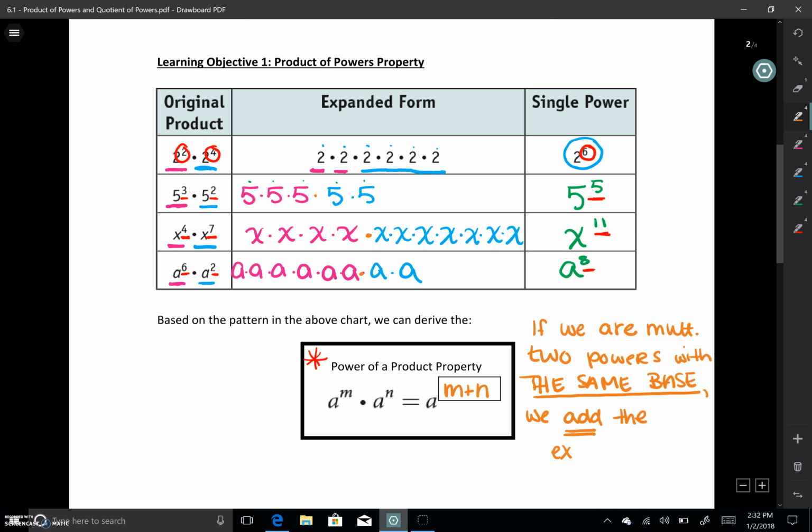And notice that in all of the examples, my base here is 2, my base here is 5, my base here is x, my base here is a. All of my bases are the same, so when I'm multiplying two powers with the same base, I go ahead and I add my exponents together. And that is the product of powers property.